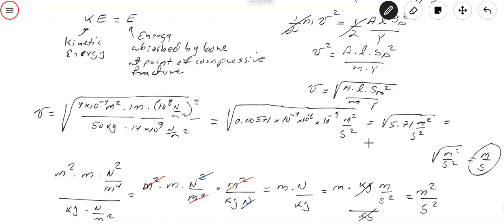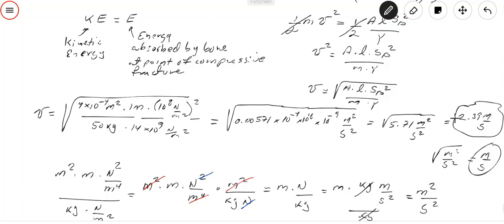So when we find this square root, we get 2.39 meters per second. So the minimum speed of the runner that is falling on his extended arm to fracture his arm will be equal to 2.39 meters per second.